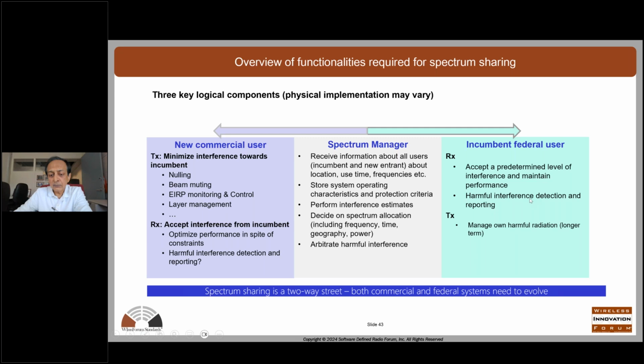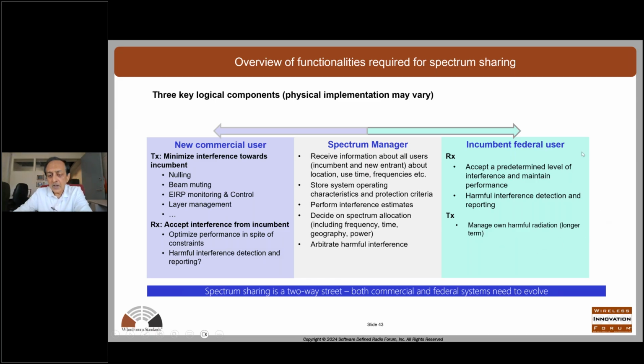And it should be able to detect any harmful interference that is above the level that has been agreed upon. It should also be able to manage some of its harmful radiation in the longer term, if there is an arrangement that the new commercial user should not receive anything beyond a certain level. It should be able to manage that as well.